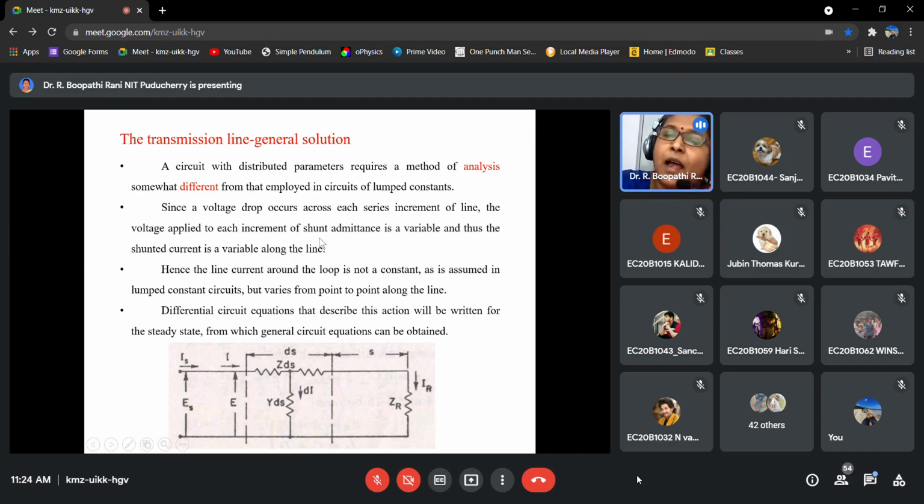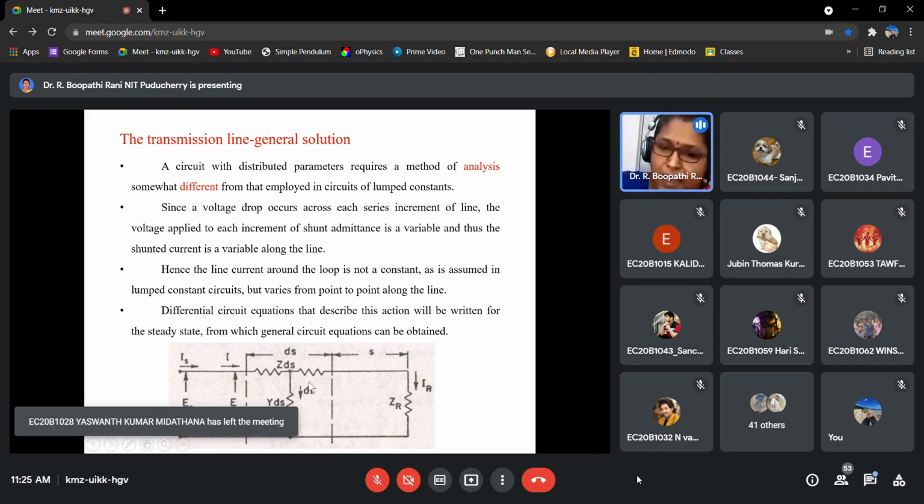And the voltage applied to each increment of shunt admittance is a variable, because each series increment has a voltage drop. Thus, the shunted current is a variable along the line. This shunted current is also a variable along the line.